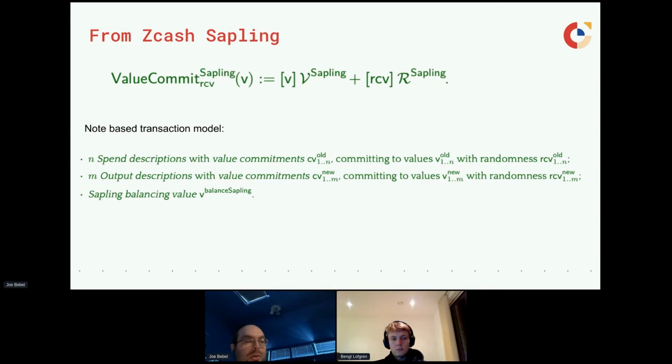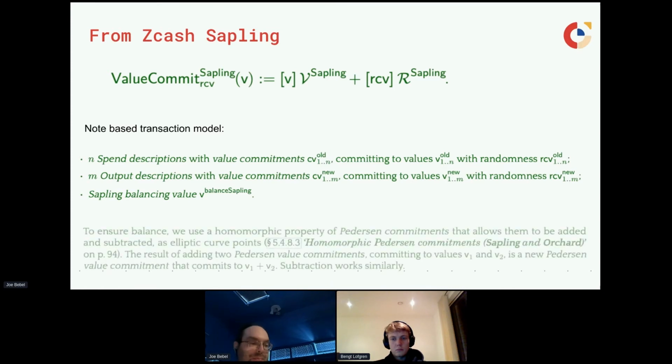You don't have to encode the entire transaction in one zero-knowledge proof, which is a nice gain of efficiency and other benefits as well.